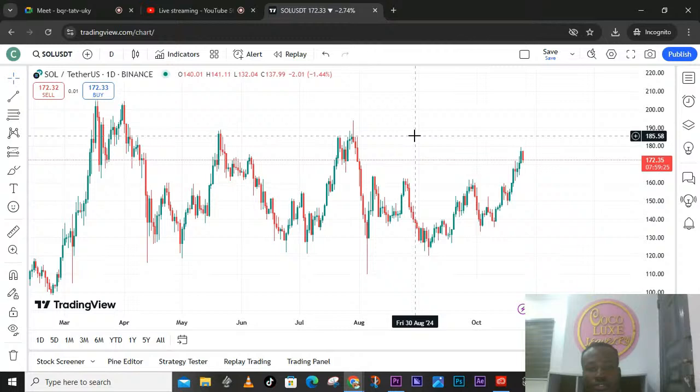How to trade it, how to work with it. Fibonacci retracement is a topic on its own. It's not part of chart patterns. We have Fibonacci retracement, and we have the Elliott wave. So when we're discussing Fibonacci, we'll be discussing Elliott wave.